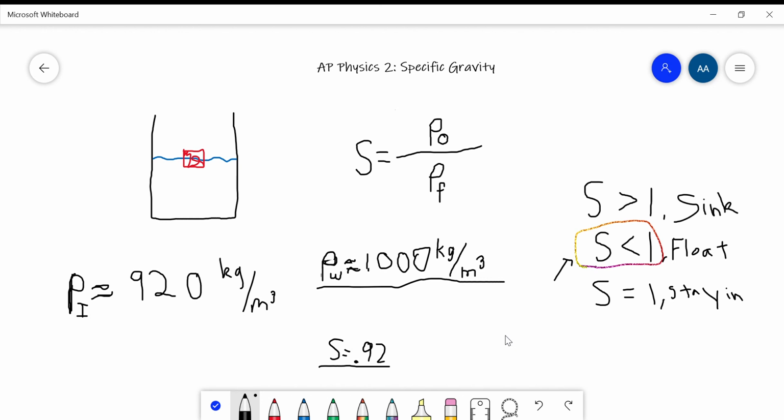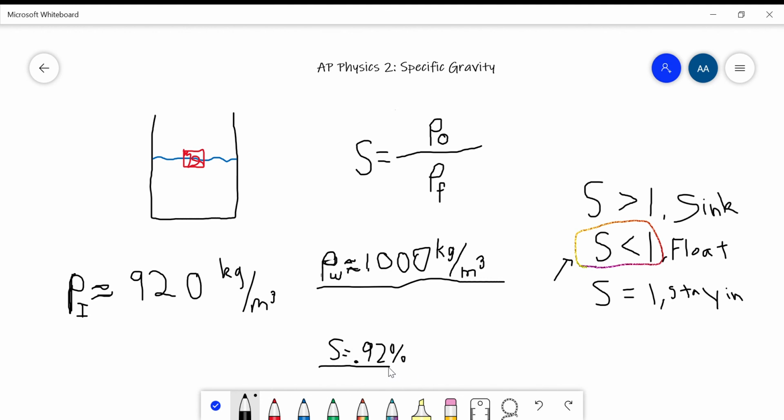It's due to this concept of specific gravity. Ice, which is what an iceberg's made out of, is 92% under ocean water. Ocean water has a slightly higher density because of the salt content, but generally it's about the same, 92%. This is the scientific backing behind it, because the specific gravity is 0.92.